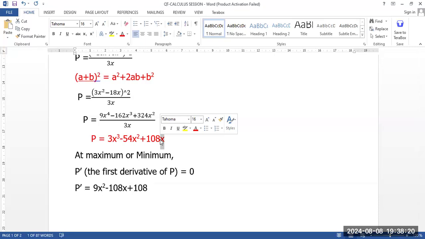Any number power 0 is always 1. So you realize that if you differentiate something like 108x, you get this. Everything we get, we equate it to 0.